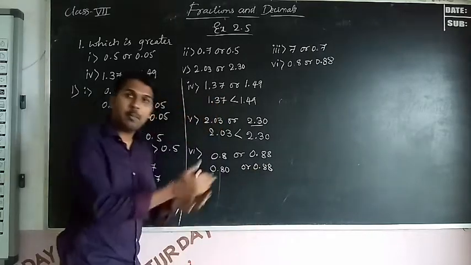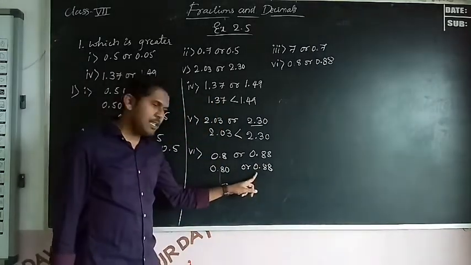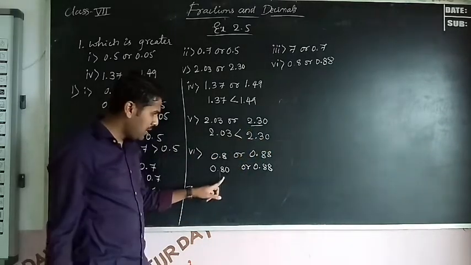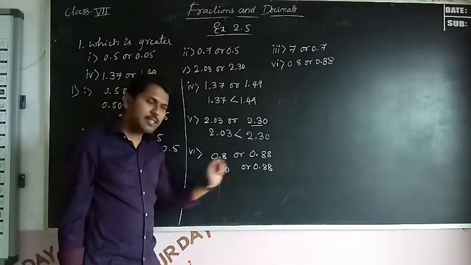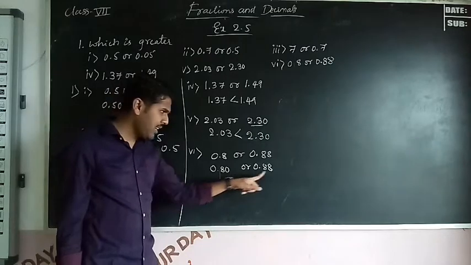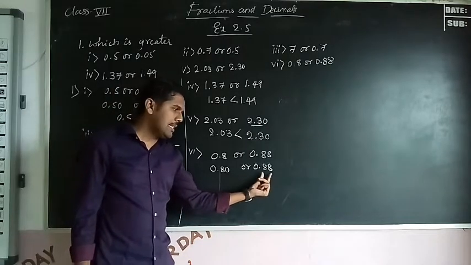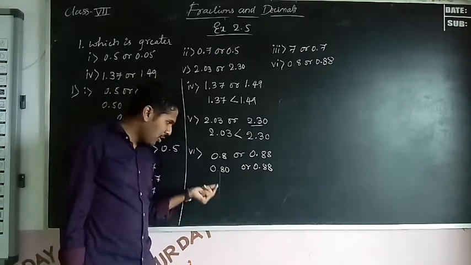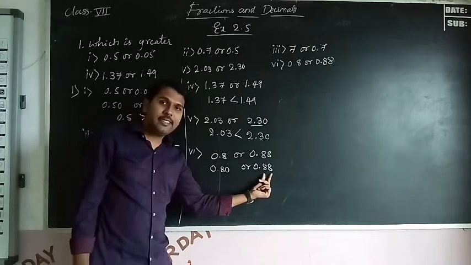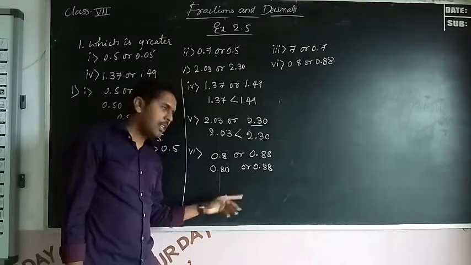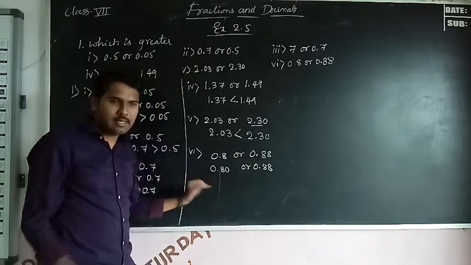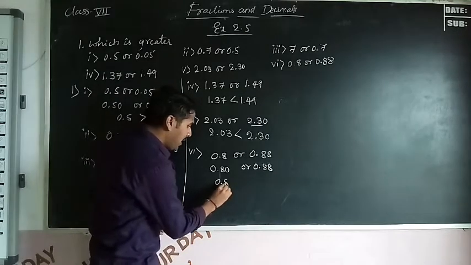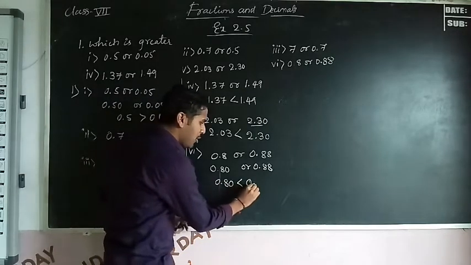First we compare the whole number part, 0 and 0. So go to the decimal part. Here 8 is there, here also 8 is there. Next, here 0 is there, here 8 is there. Obviously this is greater than this number. Otherwise 80 and 88. So 0.80 is less than 0.88.